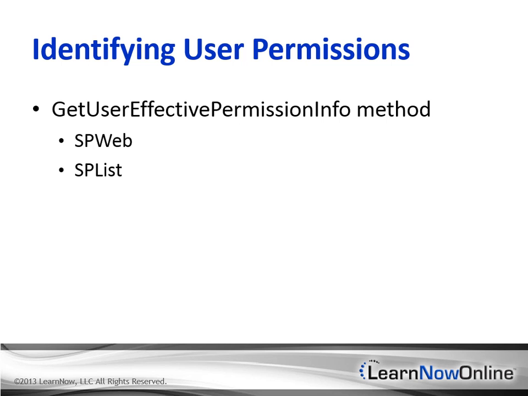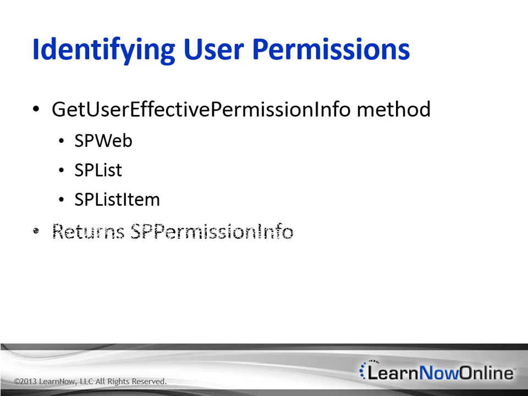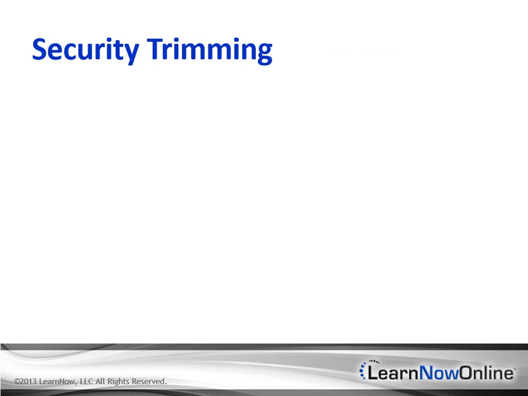That could be at the web level, the list level, or list item level. It gives you the permissions and the role assignments for that user, whatever level you specified. There's also a GetUserEffectivePermissions method that just returns a bit mask of SPBasePermissions.